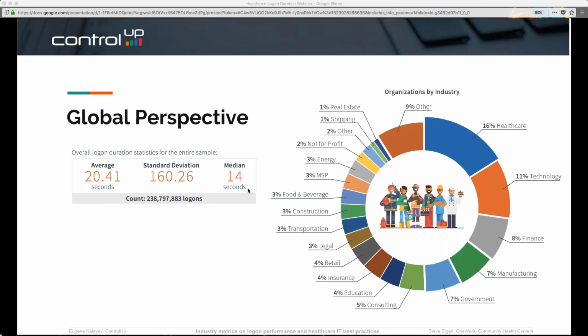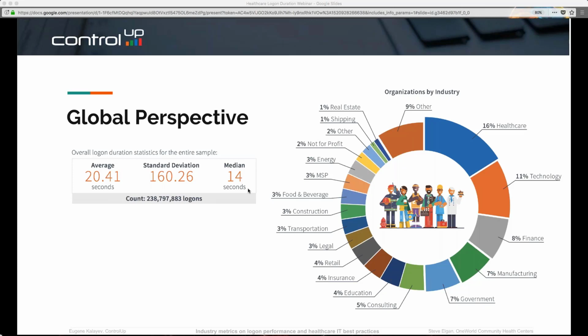So if the median is 14 seconds and the average is 20 seconds, that means there are a lot of extreme results that are much slower, that make the average higher than the median. As we progress into the presentation, we'll talk a little bit about the details of this distribution and how it plays out.